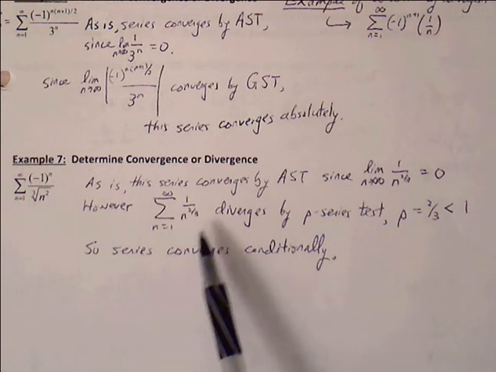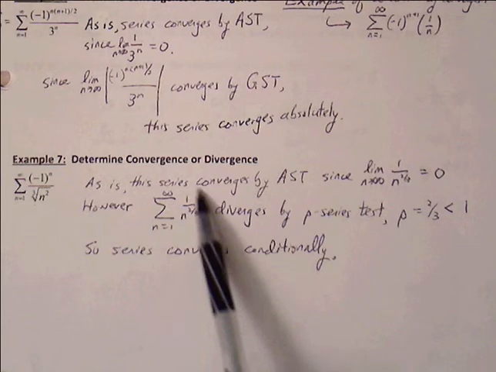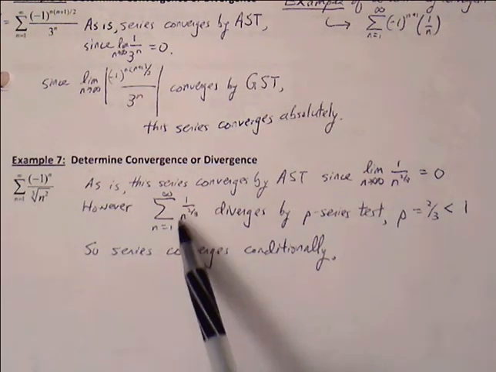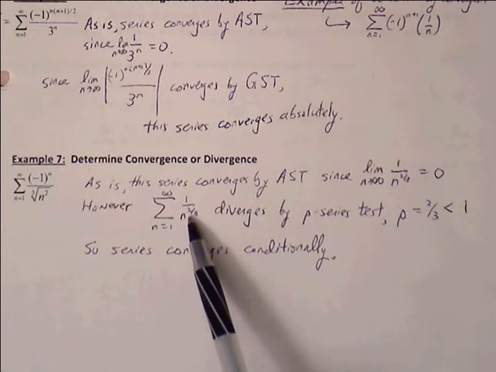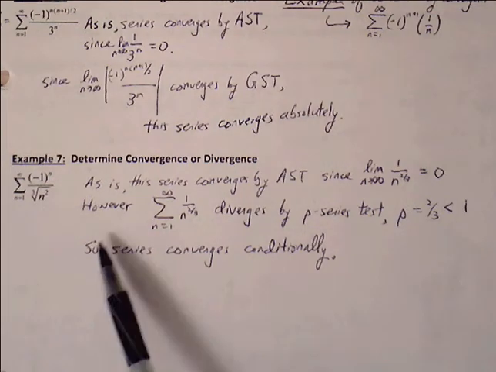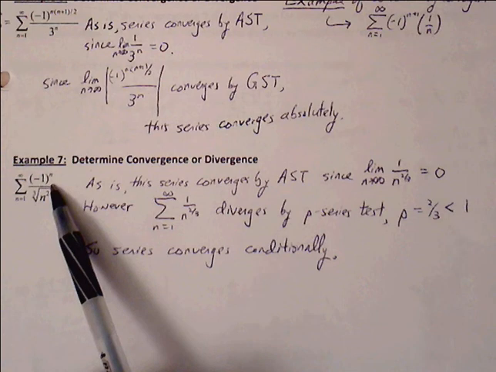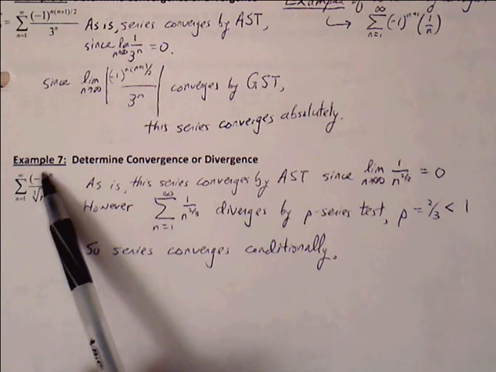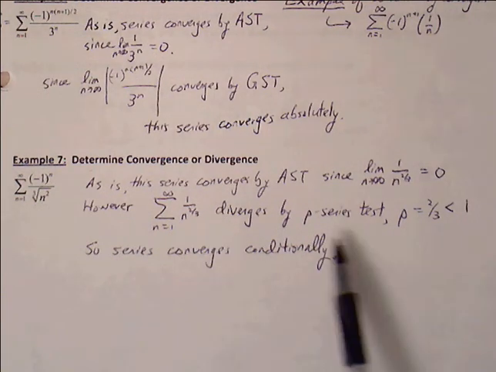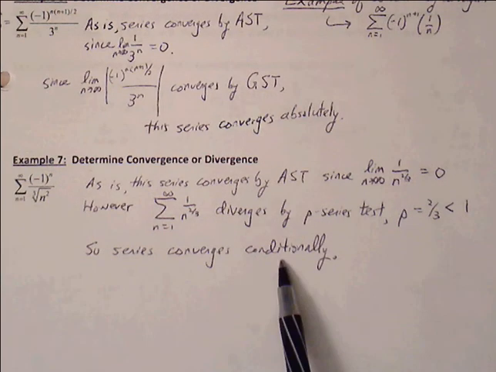However, this will diverge by the p-series test, because if we just look at this without the presence of the alternator, the 1 over n to the 2/3 is a p-series, and that p-value is equal to 2/3, which is less than 1. So even though this initial series is convergent by the alternating series test, it will be divergent without the alternator, because without the alternator it is simply a p-series that is not greater than 1 but less than 1. So this series converges conditionally.